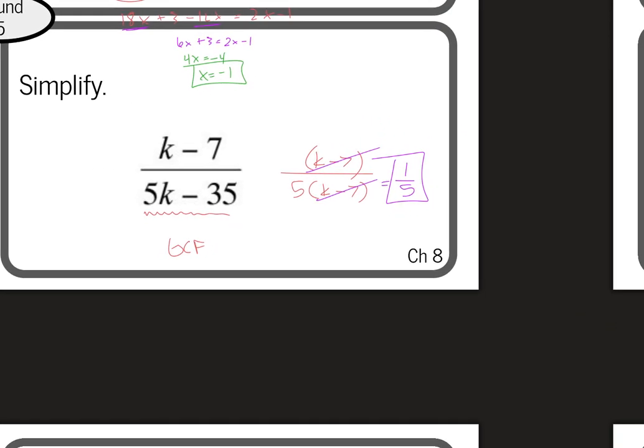If you're not sure why you're able to do this, imagine that you had 2 over 2 times 3, which is really 2 over 6, which can be reduced to 1/3. Well, what is it that you did here? You divided by 2, right? So if you divide by 2 here, that's 1, and if you divide by 2 here, that's 1, leaving you with 1/3. So that's why it's 1/5.